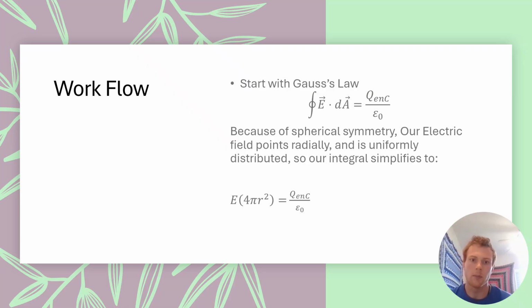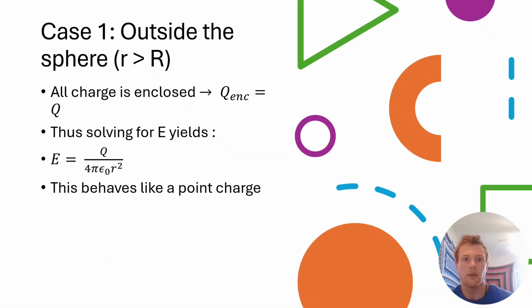So our integral simplifies to E times 4 pi r squared, the area of the sphere, equals Q enclosed divided by epsilon naught. Outside the sphere, we treat r as big R, and all our charge is enclosed. We just rearrange and solve for E, and this behaves exactly like a point charge. It's a very nice simplification when you approach these problems.